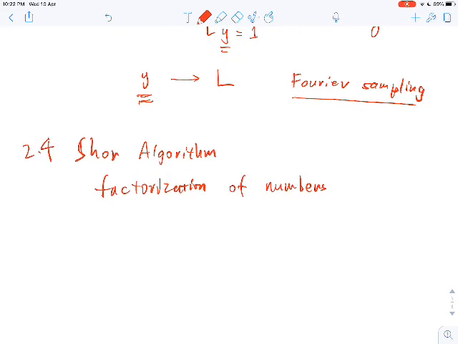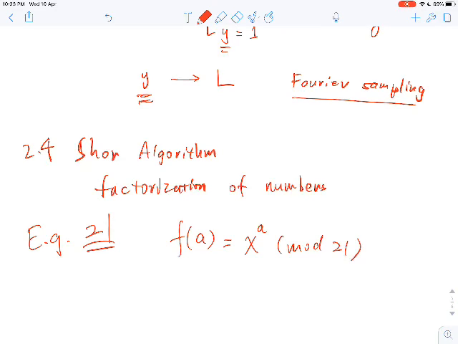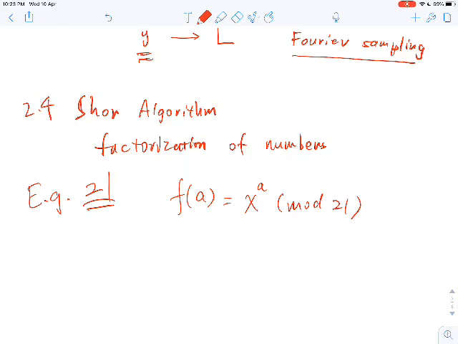For example, we want to know the factors of 21. And we set a function fa is equal to x to the power a mod 21. It's like a finite field.